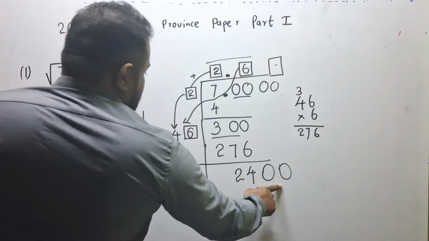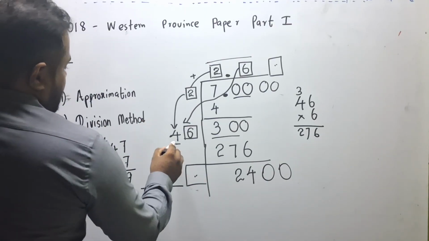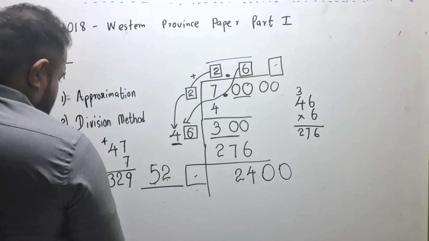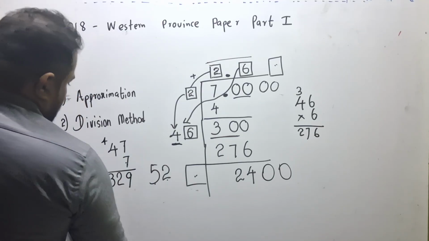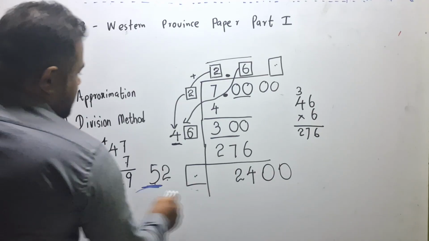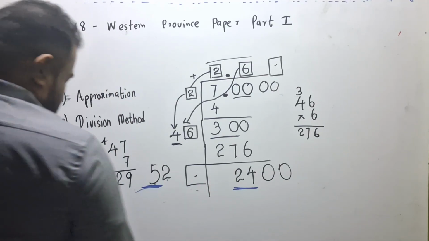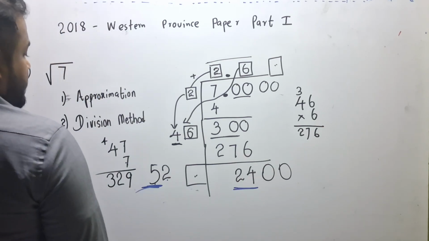How to think about the value that comes here? Use the same method I used here. Here I checked 4 and 30. Here I will check 5 and 24. 5 times what value is equal to 24?